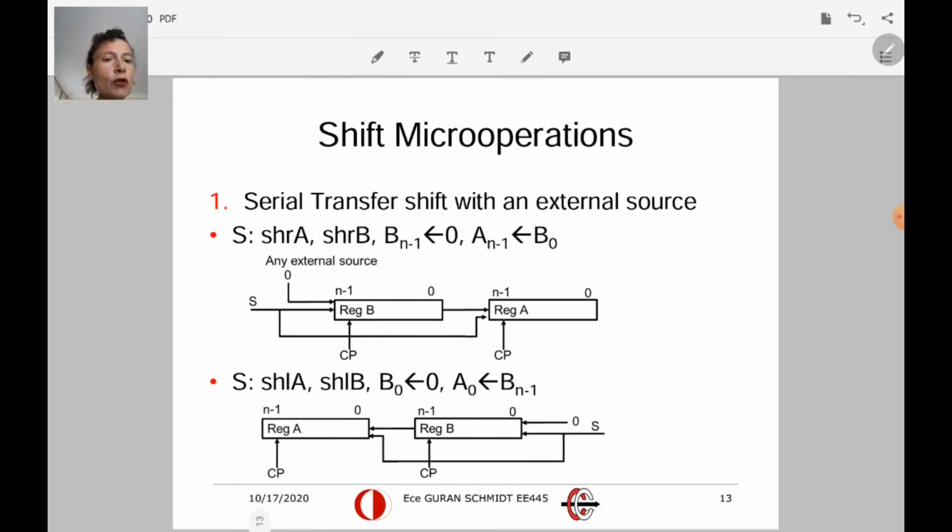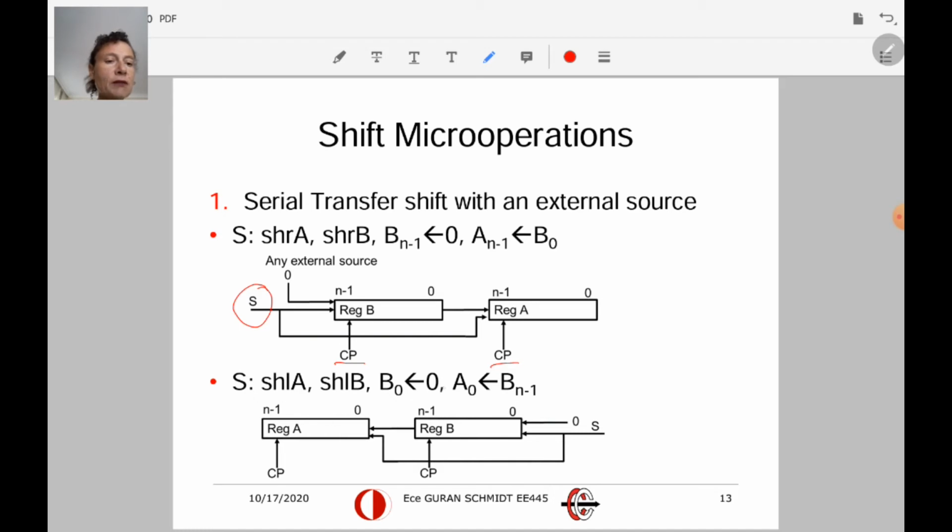We can do more of these shift micro operations. So here, serial transfer shift with an external source. The control signal S is basically enabling this operation. Everything is clocked. So when S is enabled, the n-1 bit of B is 0, and B0 is loaded to A(n-1), and it will go on in this way.